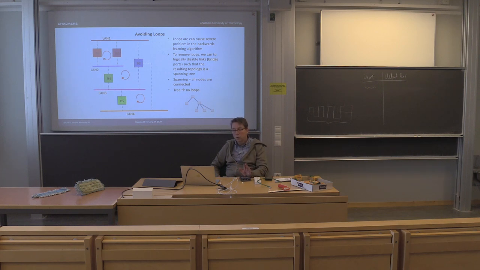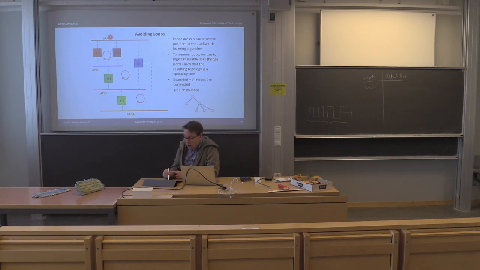Okay. And the reason why we have this is that we have loops in our topology. So in this example, we have 4 LANs, 1 here, 2, 3, and 4, and we have a bunch of bridges. And these are connected, so bridge 1 and bridge 2 are connecting LAN 1 and LAN 2 with each other, and here there's clearly a loop.